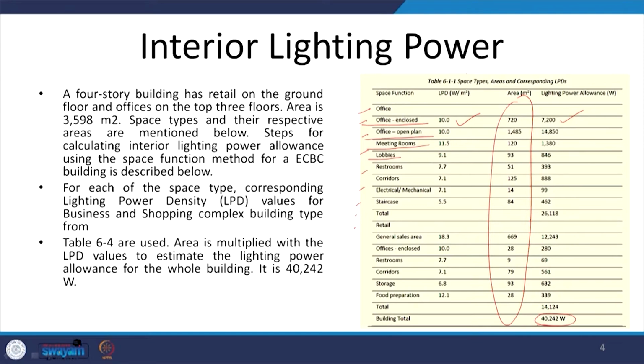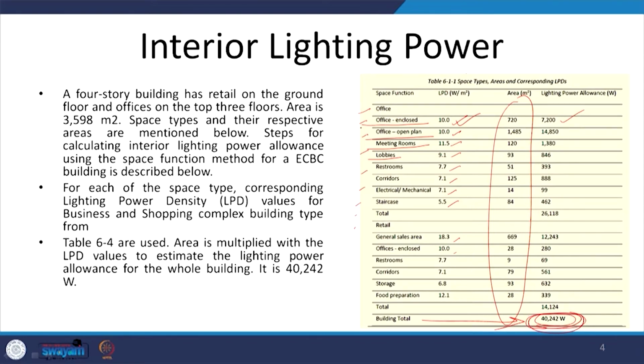However, if we know the total lighting power allowance for the building, we can also go to the building area method, where instead of meeting the LPDs individually while maintaining the given illuminance levels as per NBC, the total LPD of the building, which is also as per the function and type of the building, can be met.